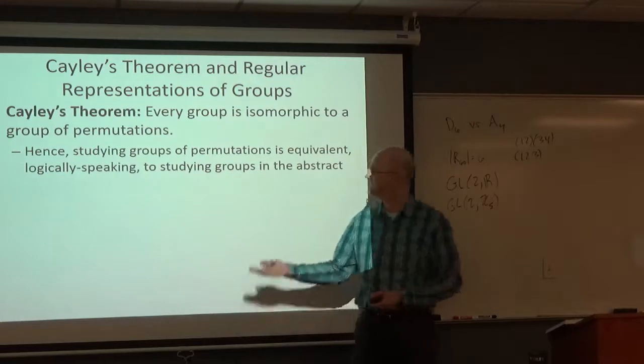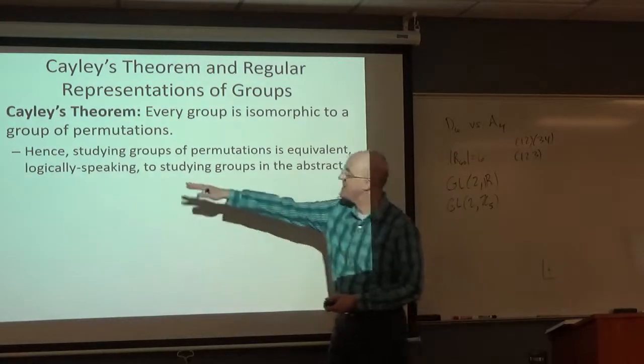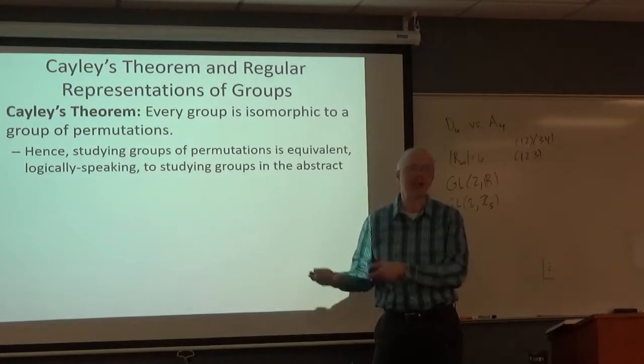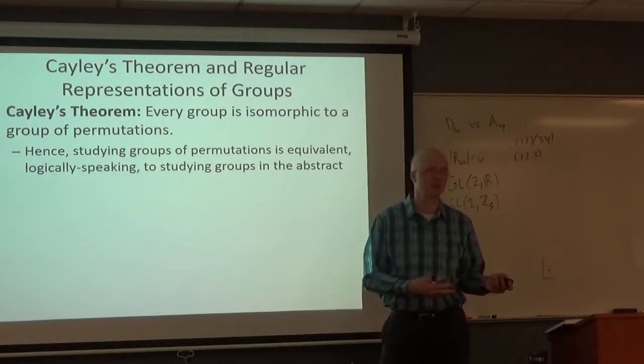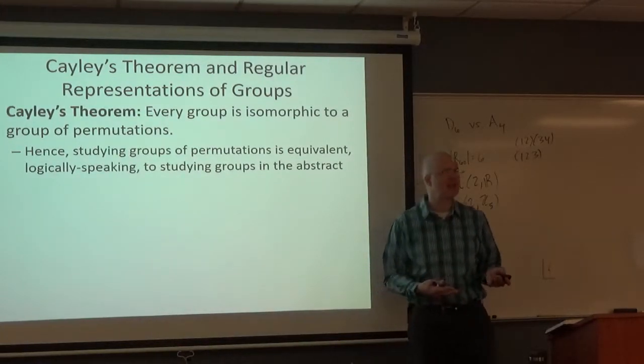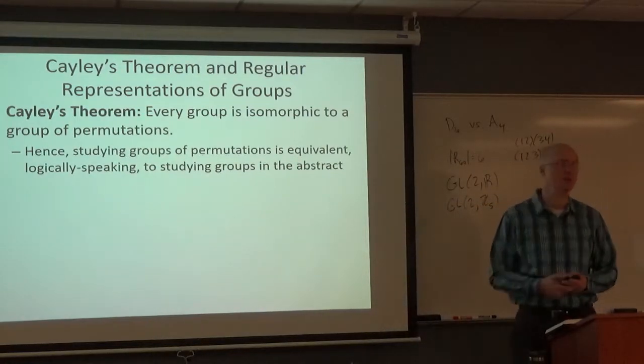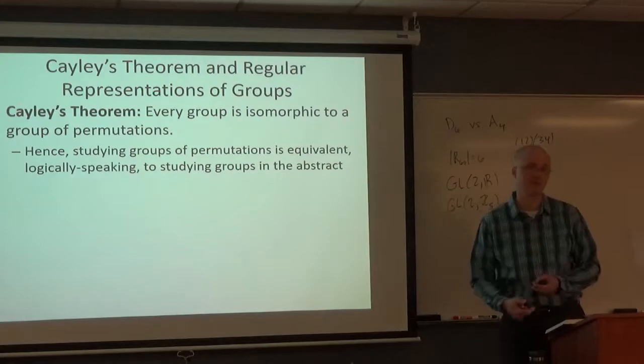But as far as the abstract stuff goes, as far as the logic goes, we could prove everything there is to prove about groups in the abstract in the context of permutation groups. I guess you could say it does provide a concrete example in every situation if you need one for some reason.